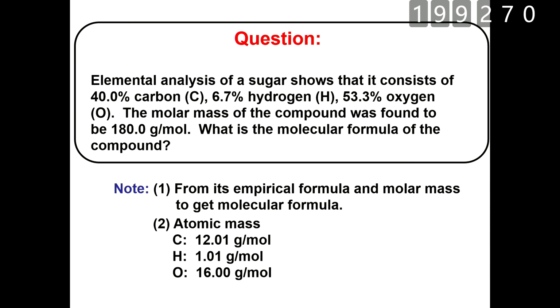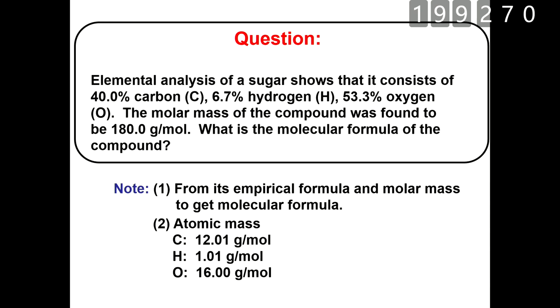My question is why do we calculate the mass of the empirical formula this way? Because the atomic mass of carbon is 12, hydrogen is 1 but it has 2, and oxygen is 16. This is the mass of the empirical formula.